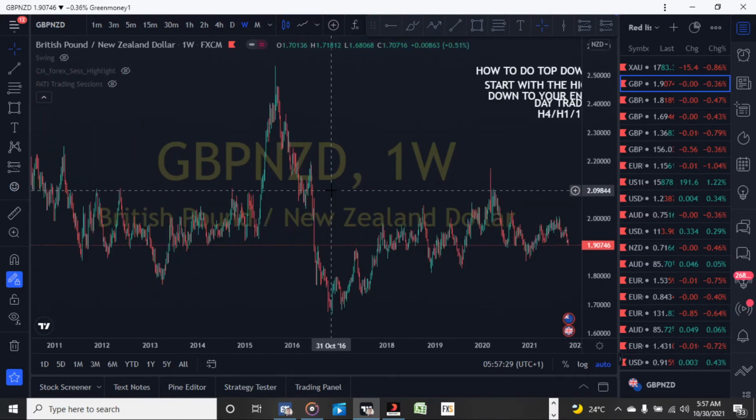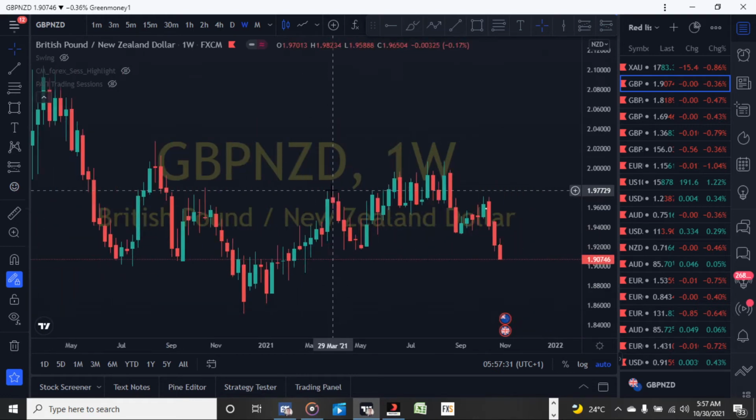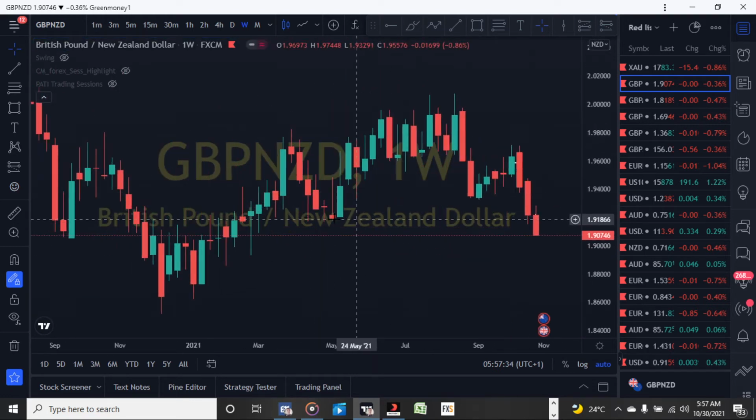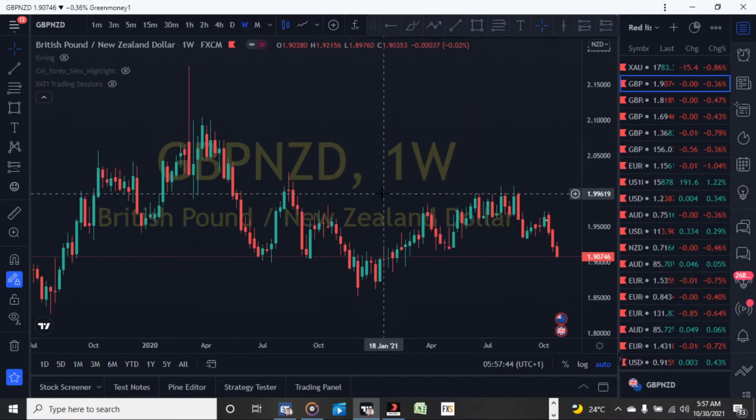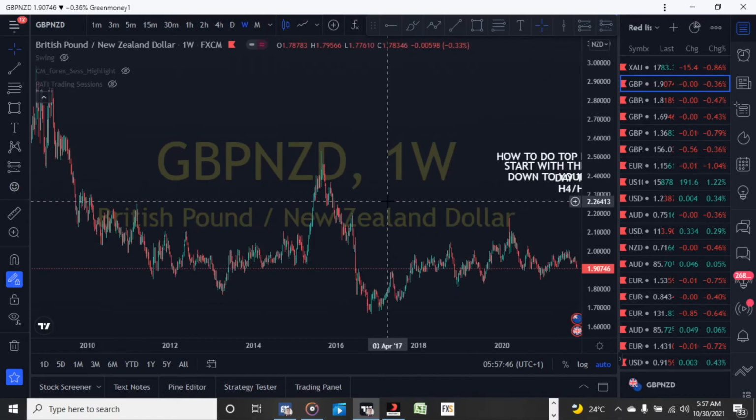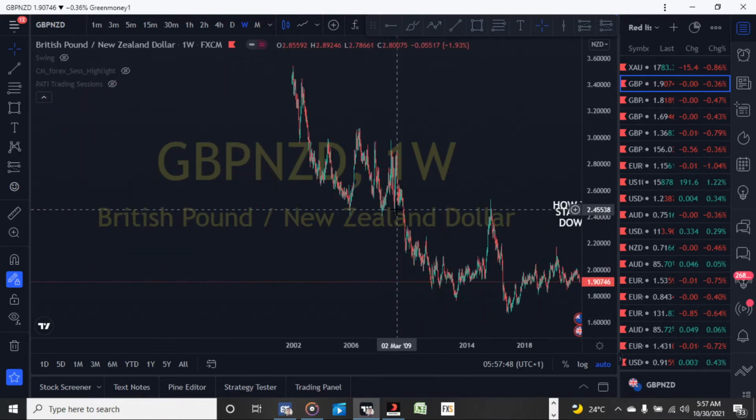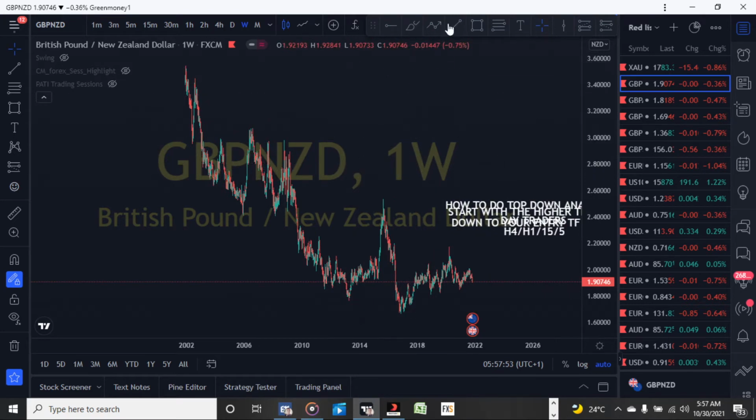Even though you say this is a downtrend, you don't have the full picture of what this pair is talking about. So when you zoom out completely this way, this is a whole lot of a downtrend.